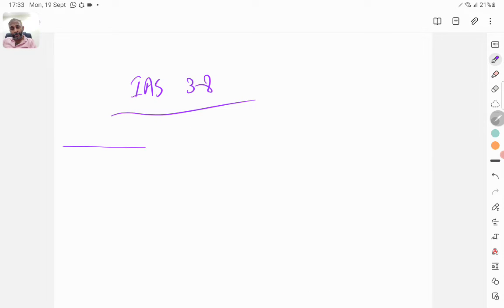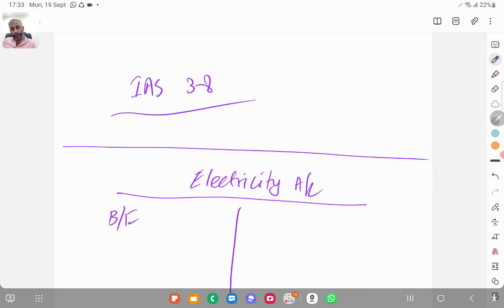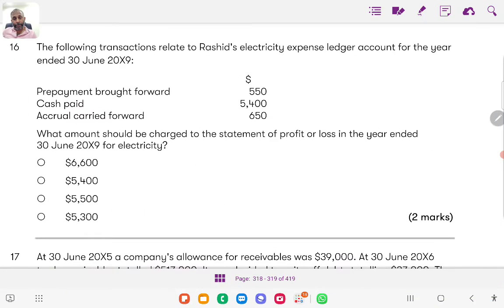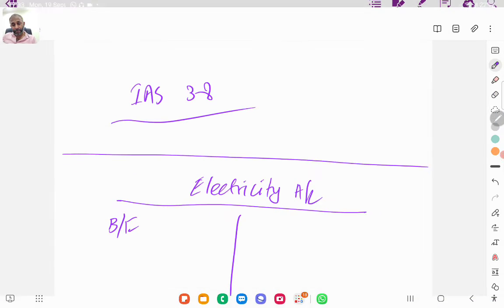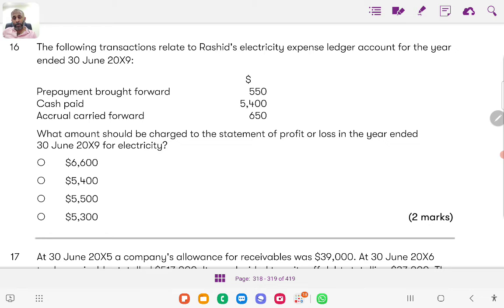What you do is open a T account, the electricity account. They say that there is a prepayment. How much? Let's find out. 550. And then the accrual is 650, the closing balance.